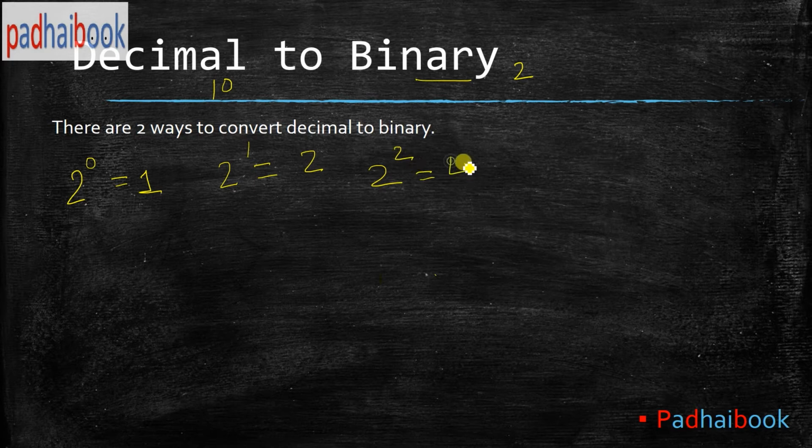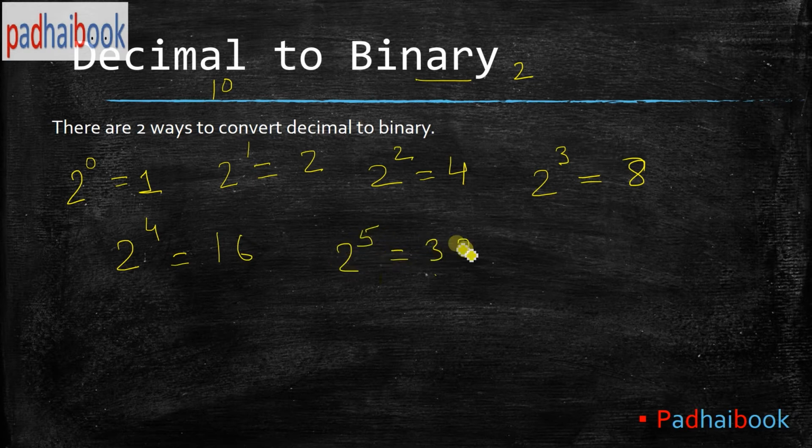And 2 to the power 3 is 8. 2 to the power 4 is 16. And 2 to the power 5 is 32. 2 to the power 6 is 64, and 2 to the power 7 is 128.